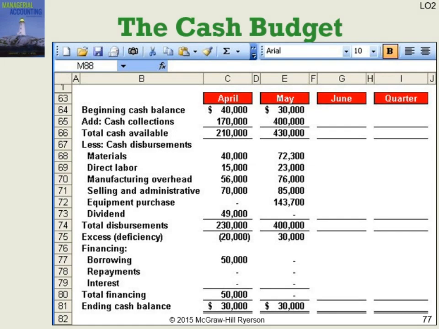We're collecting a lot of money this period, so $400,000 in collections. The materials budget is high in anticipation of the busy season over the summer months, and we have the equipment purchase of $143,700, and that leaves us with a $30,000 excess in this case. So that meets our ending cash balance requirements.